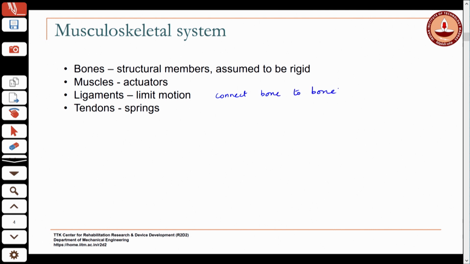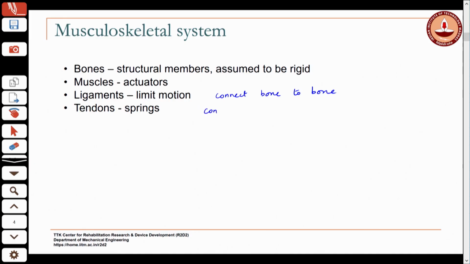Where two bones meet, they form a joint, and the motion at that joint is typically controlled partly by the structure of the joint itself, the shape of the bones that come together at the joint, but mainly by flexible structures around the joint called ligaments, which attach bone to bone, and their purpose is to limit the motion at the joint.